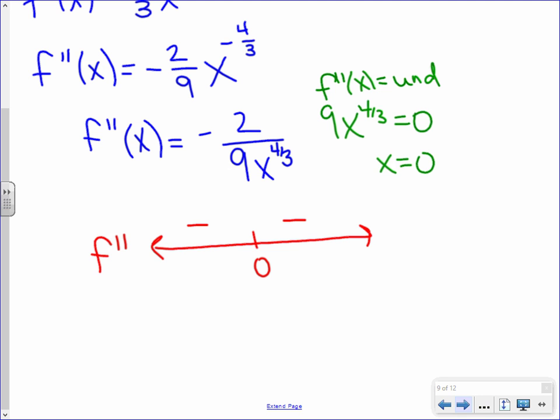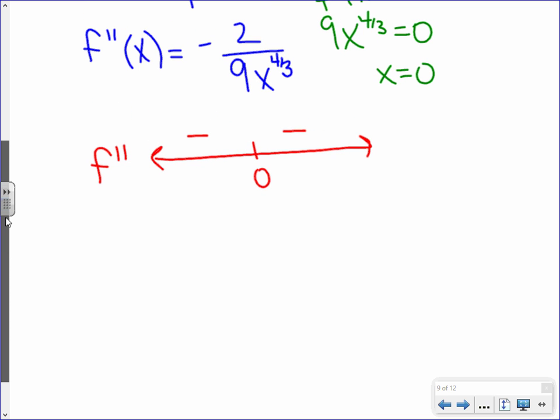Okay, so let's talk about this situation here. First of all, our function is not concave up. Our function is concave down, but you are not going to write negative infinity to positive infinity. Is our function concave down at 0?